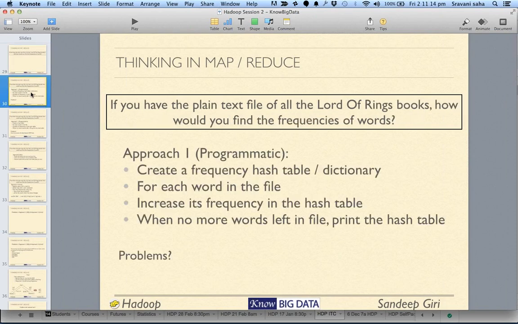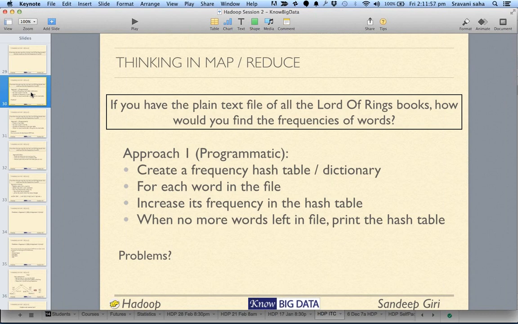I was exactly waiting for this approach that you have given to me. Basically, create a frequency table, hash table, map, or hash map, however you want to say it. It's a sort of dictionary where the key is the word, and the value is the number of times that word has occurred. We pick up word by word from this file, and check if it already exists in the dictionary.